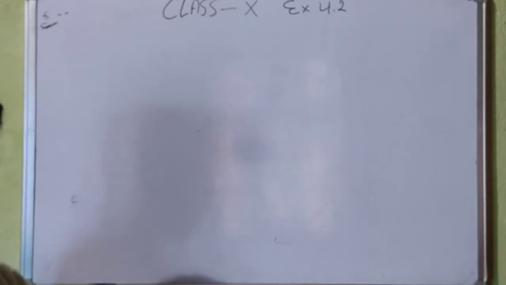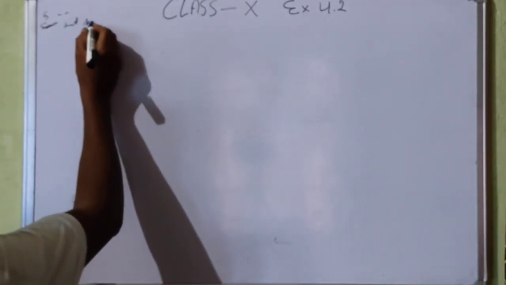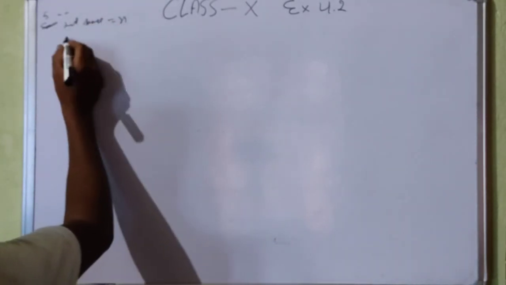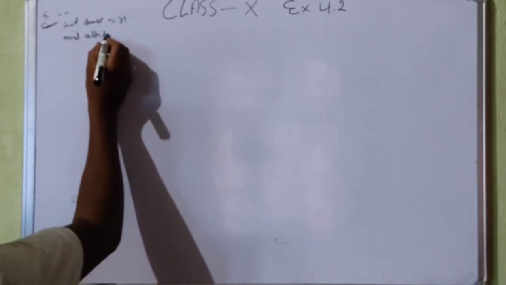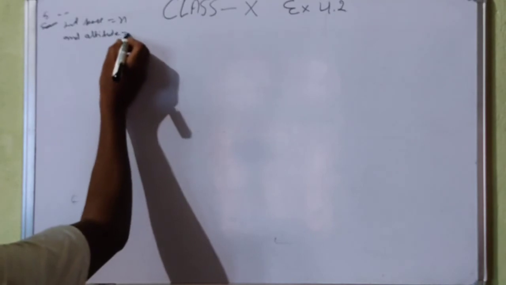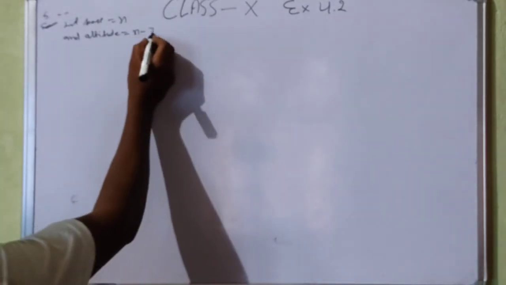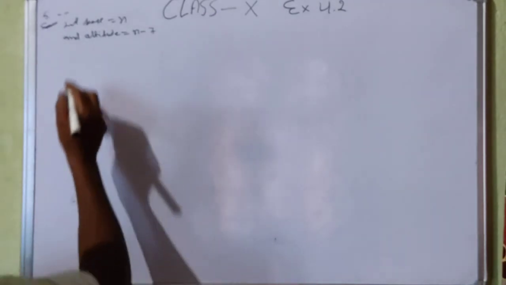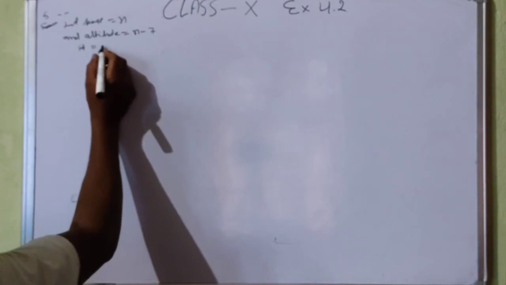Let the base be equal to x, and the altitude is equal to x minus 7, and the hypotenuse is 13.